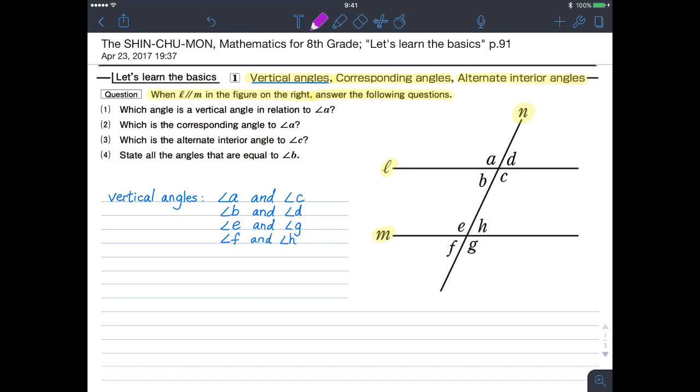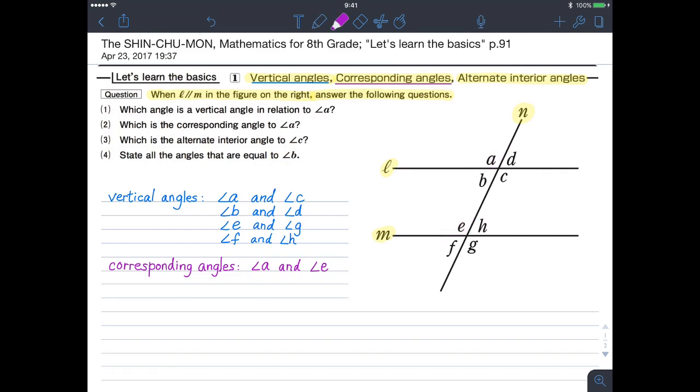Now let's move on to the next type of angle, corresponding angles. Corresponding angles are angles in a relationship such as angle A and angle E. Therefore, we can note that these are corresponding angles. Corresponding angles are also equal. Therefore, angle A and angle E are equal.